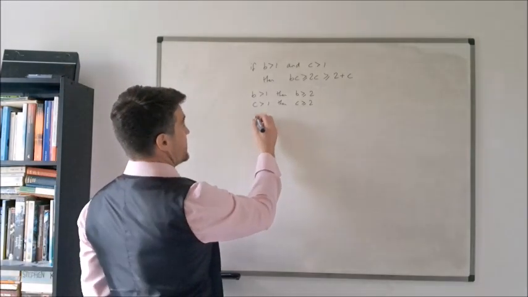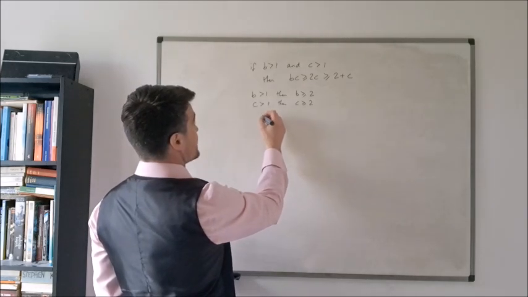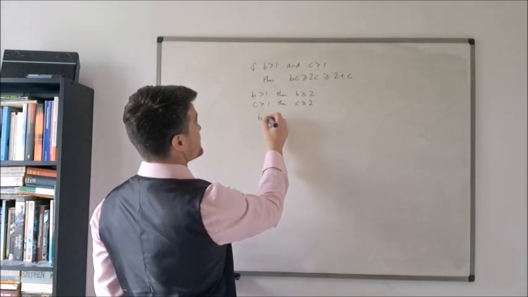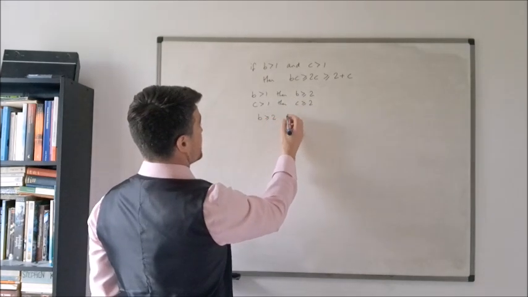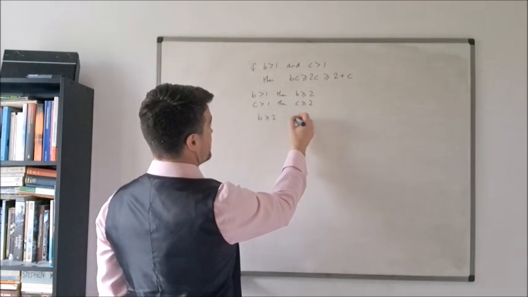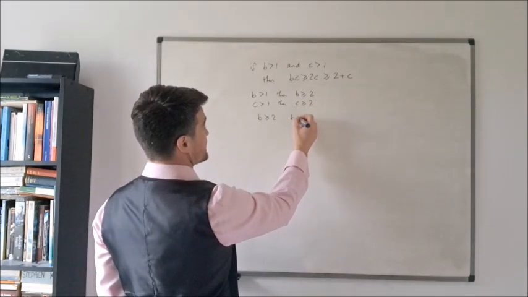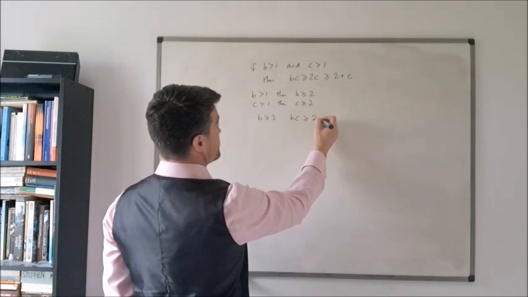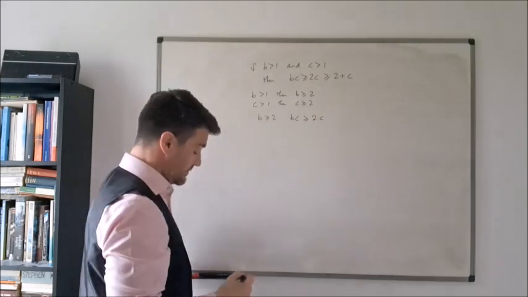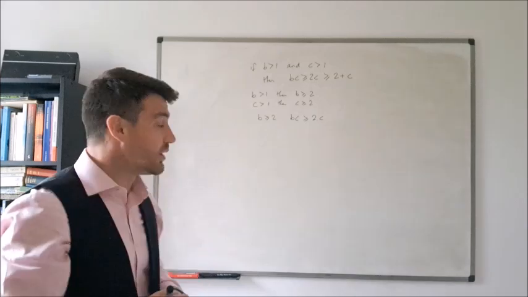So what does that mean? Since B is greater than or equal to 2, and C is greater than or equal to 2, B times C is going to be greater than or equal to 2 times C. This is using properties of inequalities.